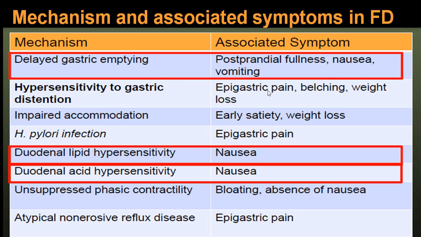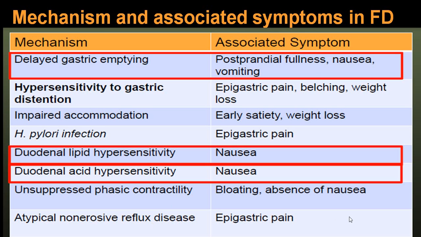Hypersensitivity will produce epigastric pain, belching, weight loss because of decreased appetite and early satiety. Impaired accommodation will produce early satiety, weight loss. H. pylori will usually produce epigastric pain. Lipid and acid hypersensitivity will produce nausea, and unsuppressed contractility will produce bloating sensation and absence of nausea. Atypical non-erosive reflux will usually be responsible for epigastric pain.